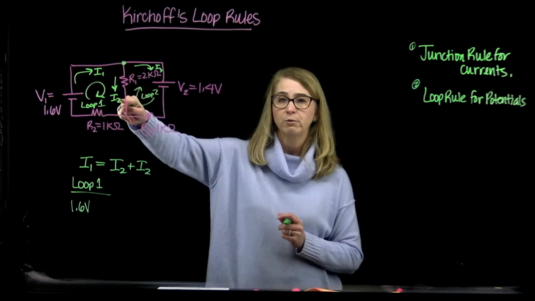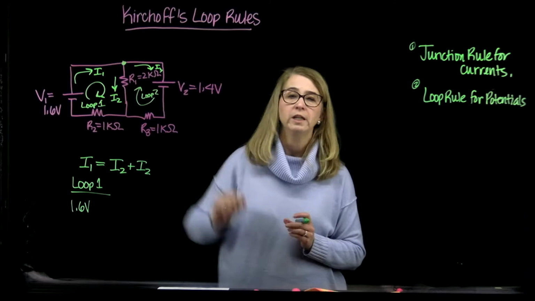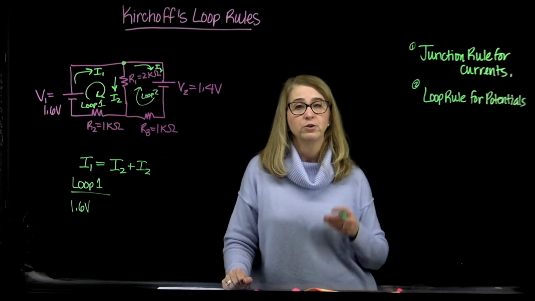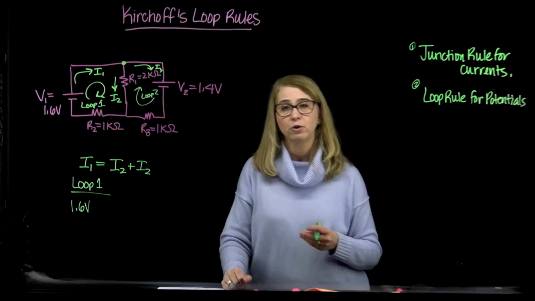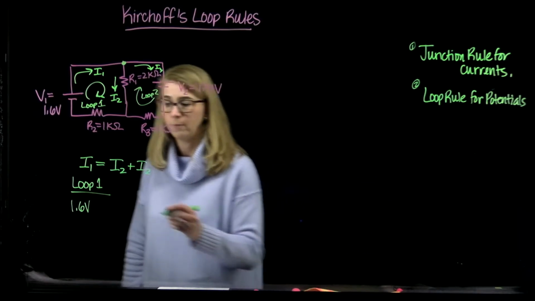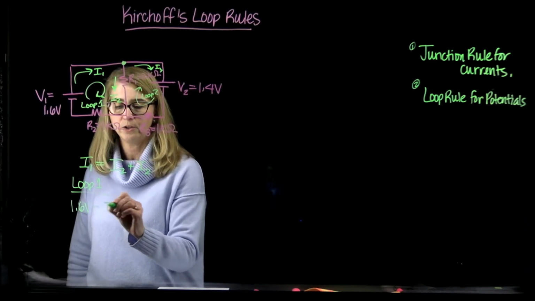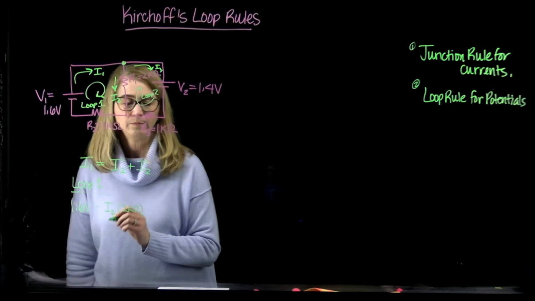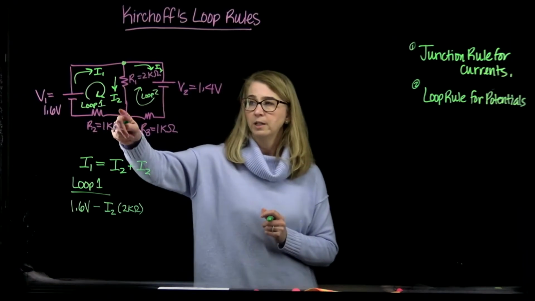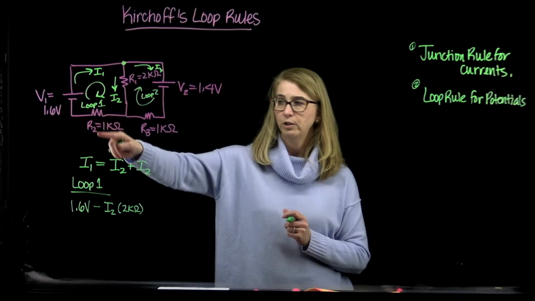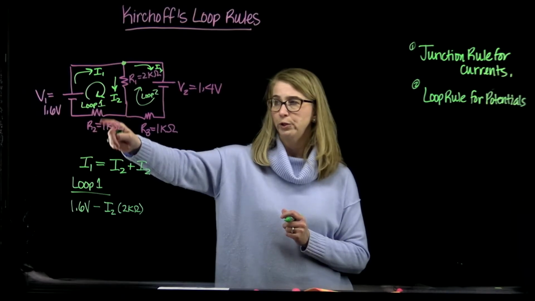And notice as I go through resistor 1, I'm going in the direction of current 2. If I go through a resistor with the current, that's a potential loss, and it's equal to I times R, Ohm's law. So this is minus I2 times 2 kiloohms. Then I'm going to continue down through the middle, and I'm going to go over this direction, through resistor 2.